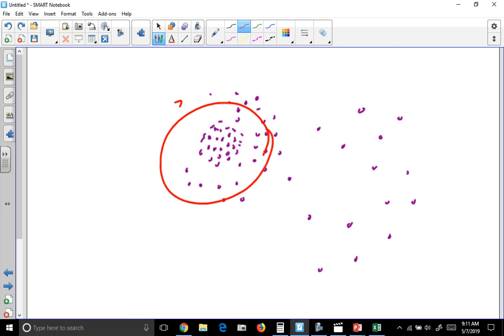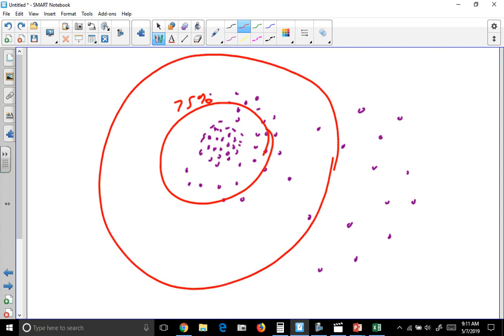That might be 75% of our data. If we make our loop larger, we don't have as much data out here, but we are accumulating more and more of it. So not as densely populated out here, but we're getting more of it. So all distributions will have that type of pattern.